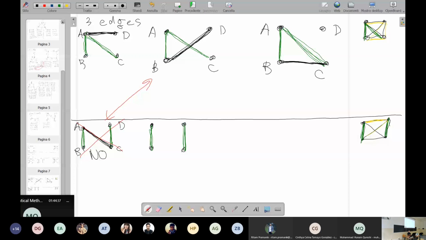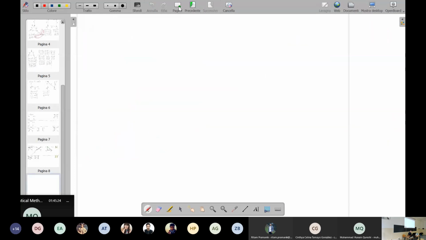But what do we get? If I add this, is that new? No, because it's again like this. And if I add this, no, this I already did. If I add this, no. If I add this, no. So I do not get anything new out of this. So with the three edges, we only have these three different non-isomorphic graphs. Okay? Let's go to 4 edges.